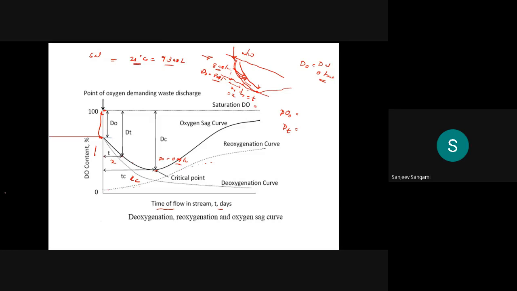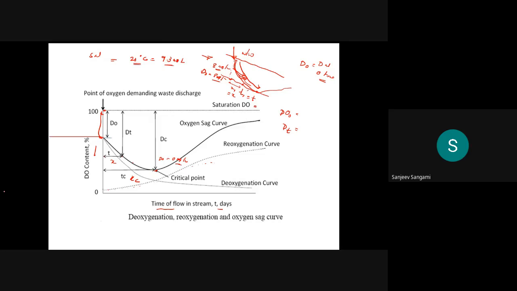This is a typical curve which is going to happen in all the rivers, but the distance may vary depending on the kind of wastewater you are releasing or the conditions of the rivers. It may vary from season to season also.